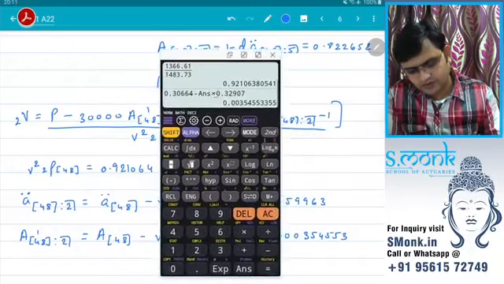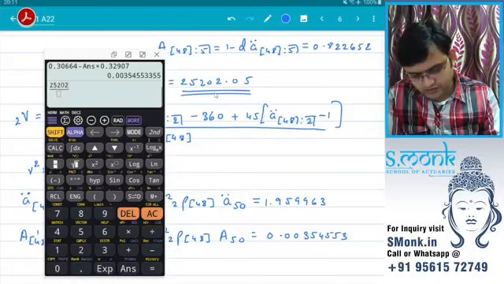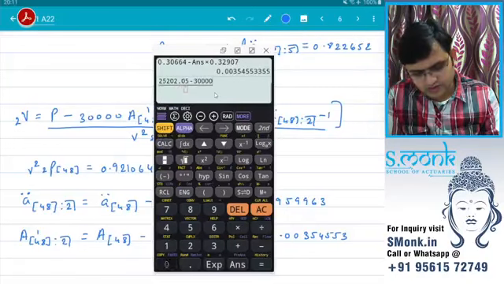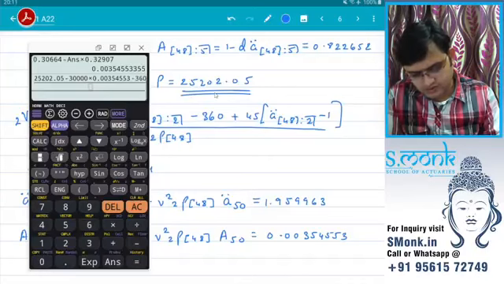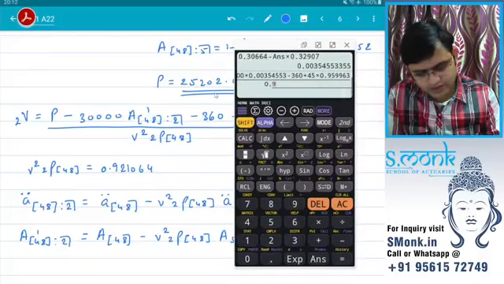So the reserve is the premium, that is 25,202.05, minus 30,000 into 0.00354553, minus 360 plus 45 into 0.959963, divided by v raised to 2, 2p48, which is 0.921064.